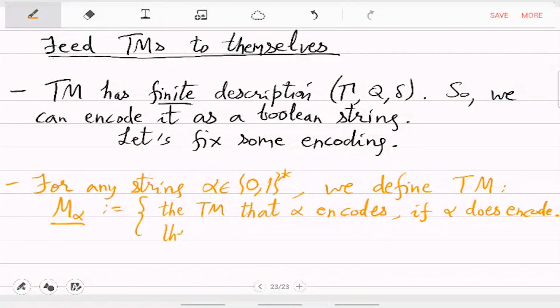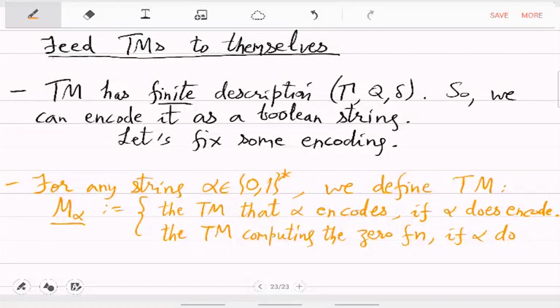Otherwise, the Turing machine computing the zero function, if alpha doesn't encode.